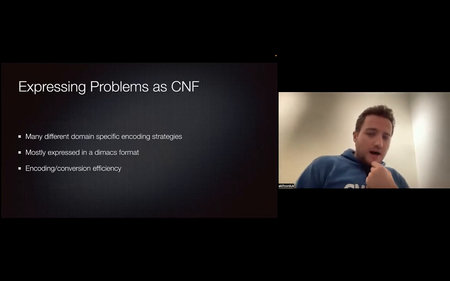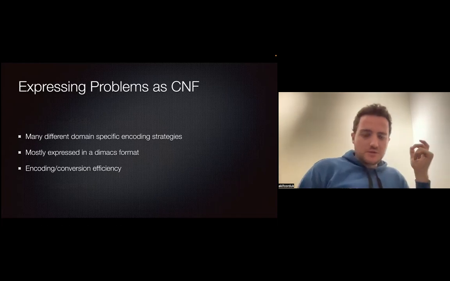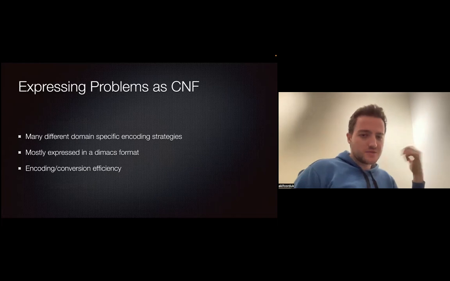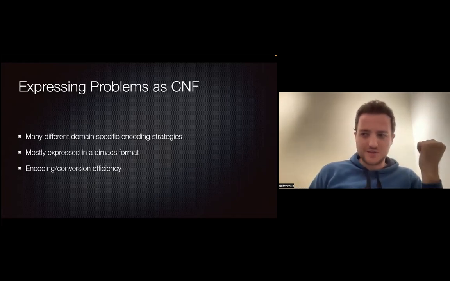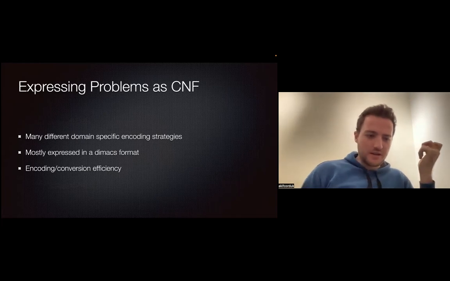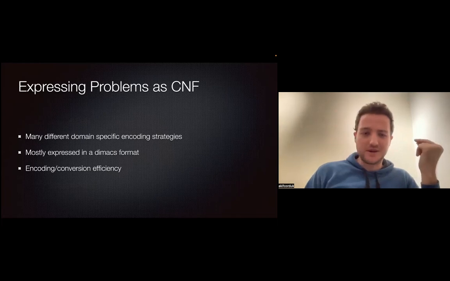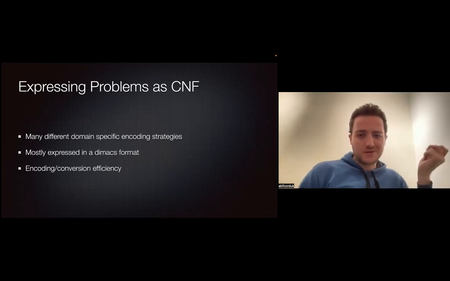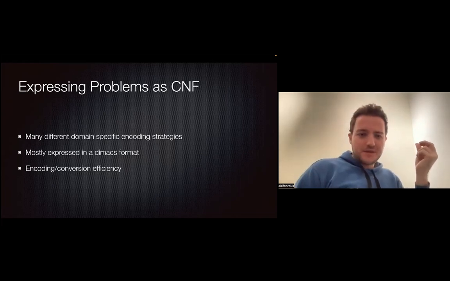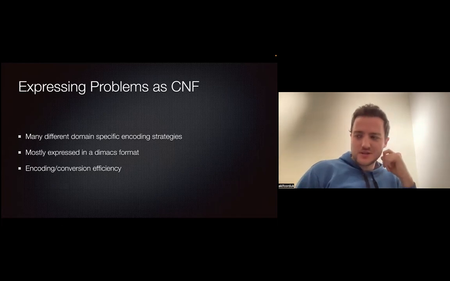So how do we actually express problems in CNF and convert them to CNF? There are many different encoding and conversion strategies. That's a research area in itself, a completely deep area, and the problem of P versus NP comes in here as well.